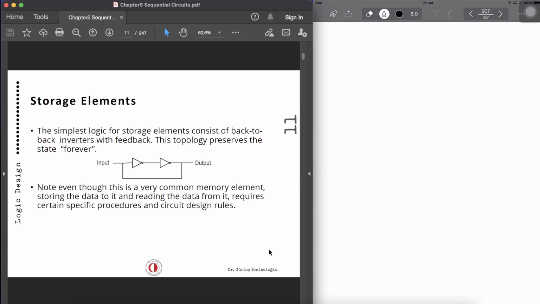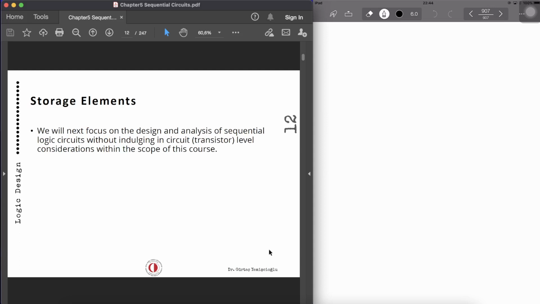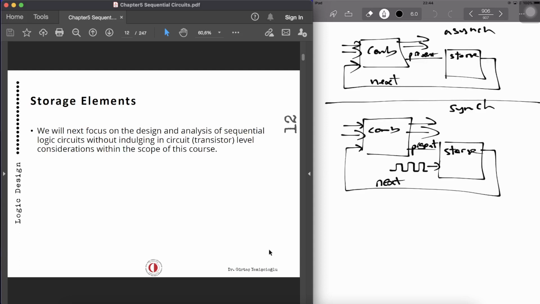Now, in this chapter, we are going to first introduce the memory elements, which are the fundamental building blocks in sequential circuits, because we already know what's going on with combinational circuits.